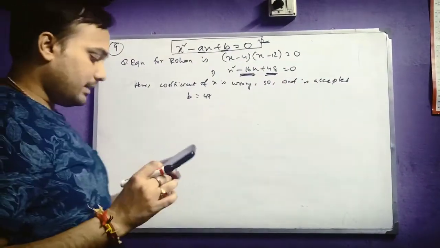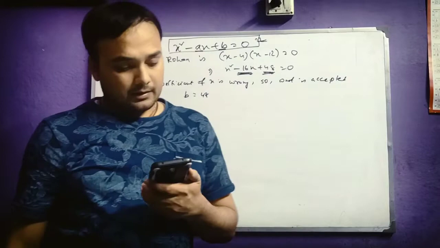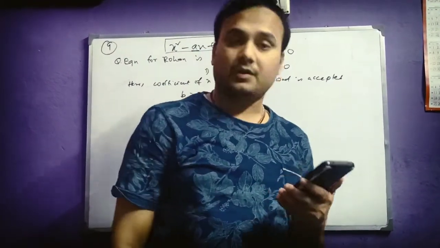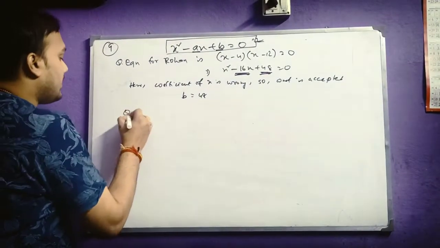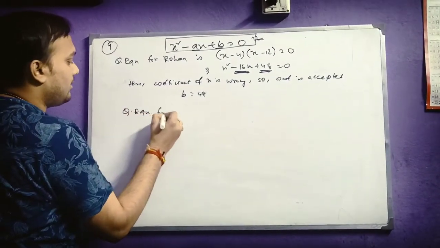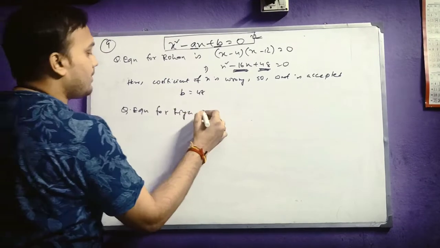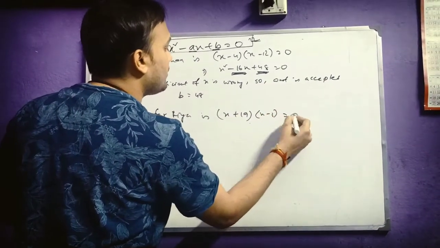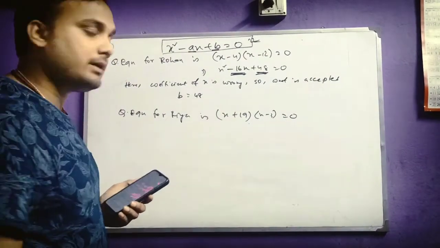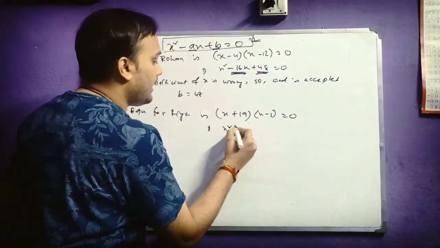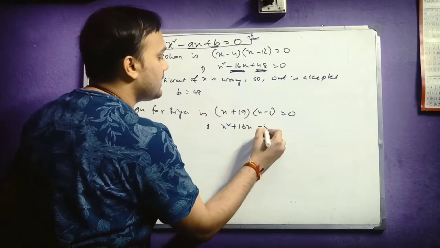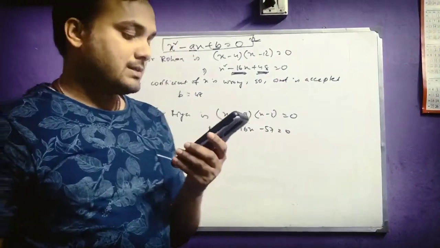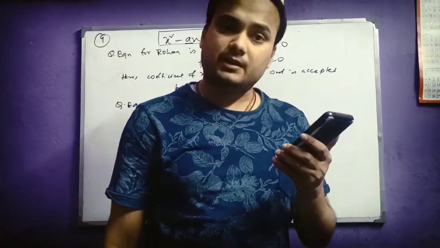Now in the next part of the question, Riya copied the constant term wrongly and obtained the roots as minus 19 and 3. So the quadratic equation for Riya will be x plus 19 into x minus 3 equal to 0, as the roots were minus 19 and 3. This will give you x square plus 16x minus 57 equal to 0. But it is said that Riya has copied the constant term wrongly.